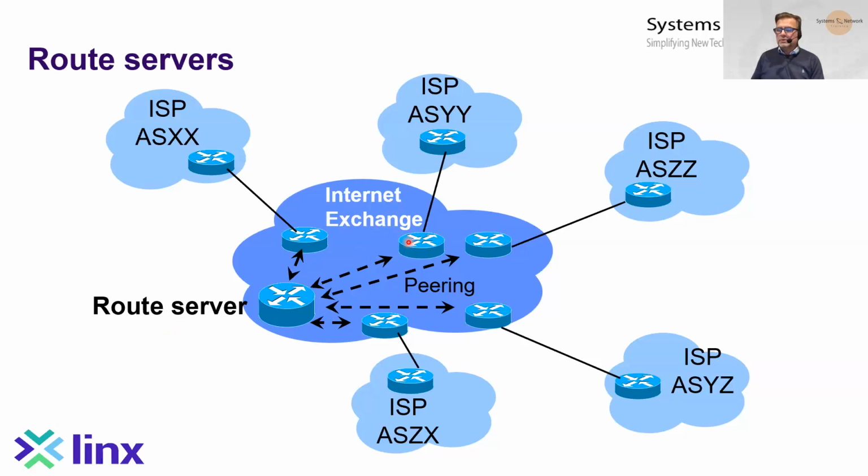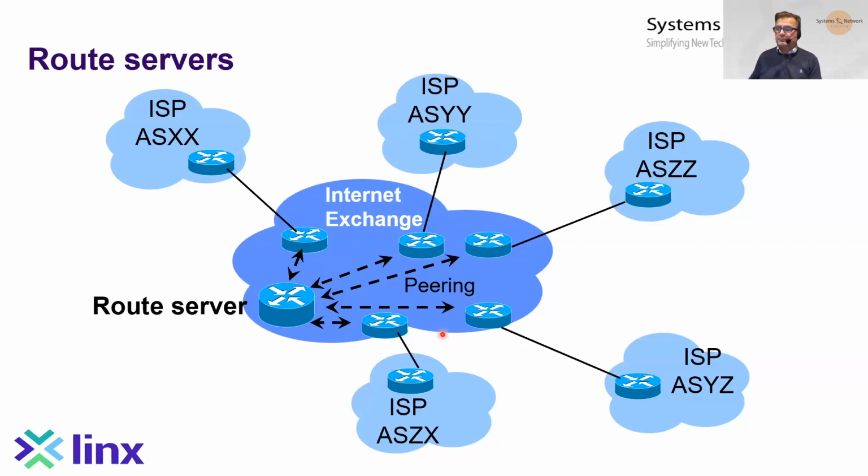So what does a route server do here to perhaps reduce some of that burden that we mentioned before from the potential number of interconnections that we would need between these service providers? If there's just 5 like we see here, then the problem wouldn't be so large.